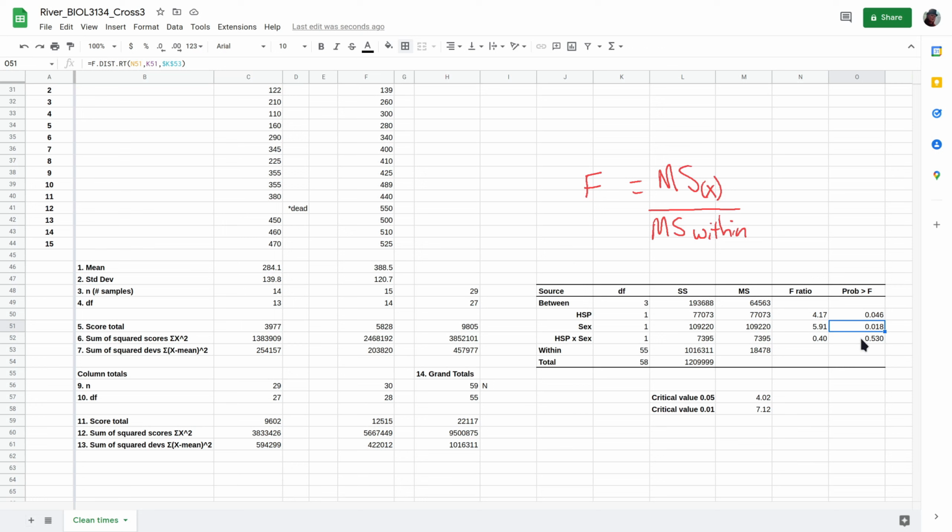And so you can see these relationships now, 0.018. So that's about a 2% possibility that you might randomly get a higher score than this if there is no effect. Here, this is 53% likelihood that we would get a higher score than this. So this is not remotely significant. And the significance of these depends entirely on what we have chosen for our alpha.